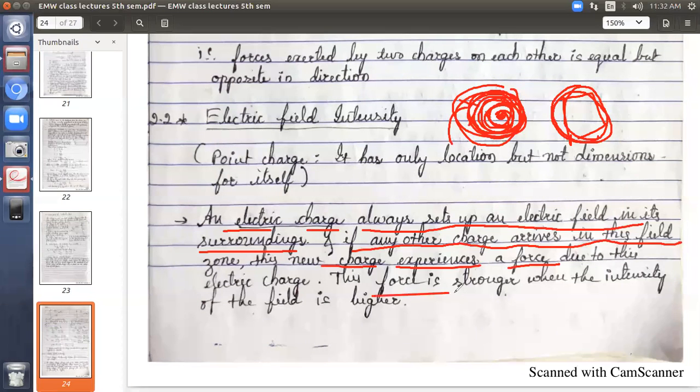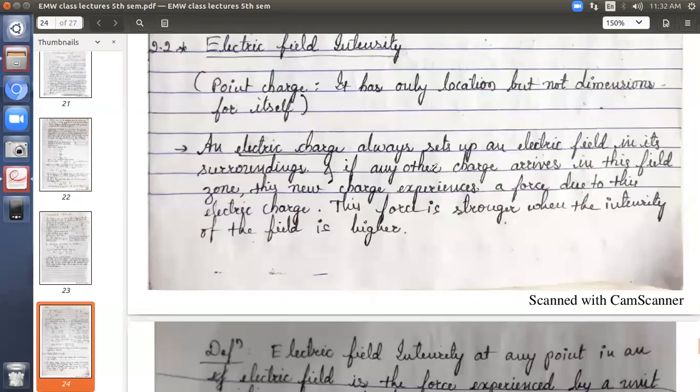This force is stronger when the intensity of the field created in the surrounding is higher. Then the force exerted will also be higher, it is stronger. So both are directly proportional. The field and the force are directly proportional.